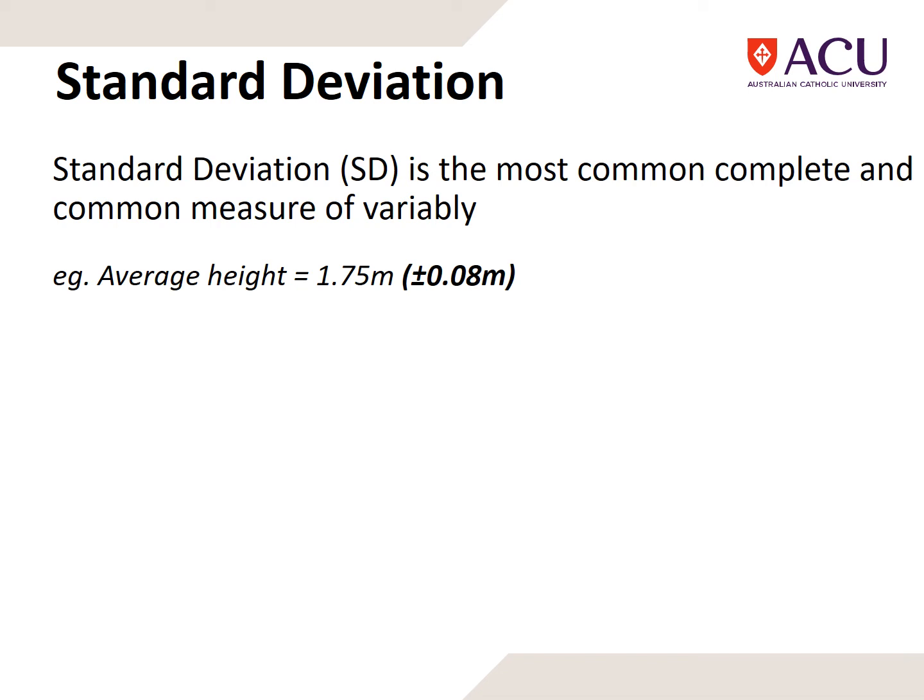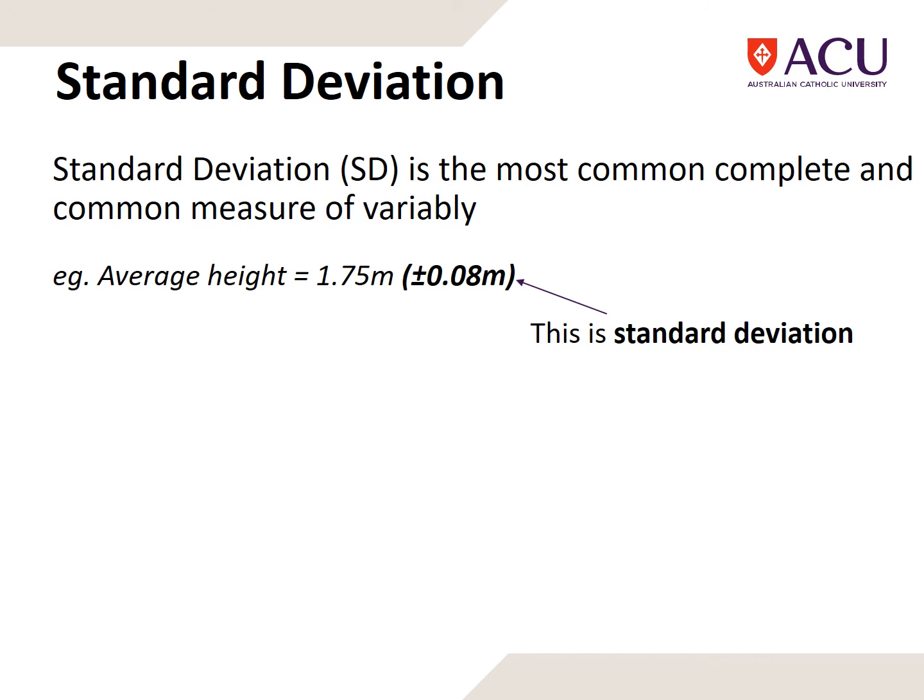So for example, if I say everyone in a particular classroom has an average height of 1.75 meters, that gives me that measure of central tendency. I want to know how spread the data is. I might say plus or minus a standard deviation of 0.08 meters or 8 centimeters, and that gives you an idea that, on average away from that 1.75, people are around 8 centimeters away from there. So that is the measure of standard deviation.